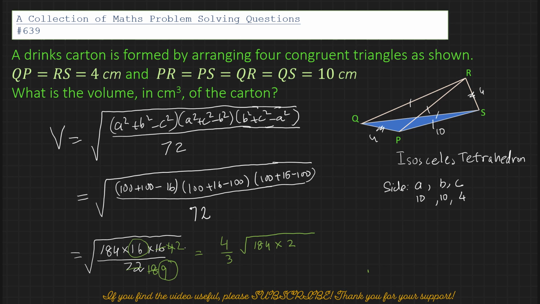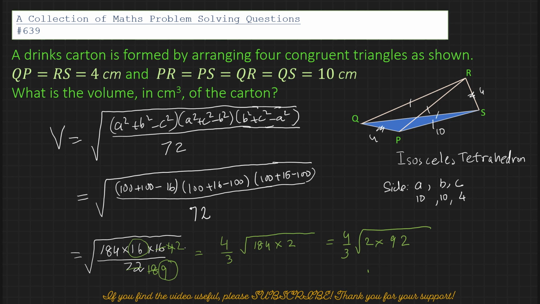So I can also write this as 4 over 3 and then divide by 4, or let's do the 2 again, so it's easier. 2 times 9 is 18, 2 times 2 is 4.